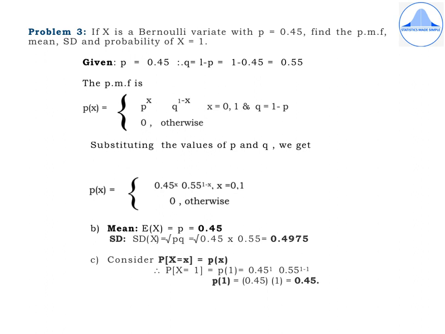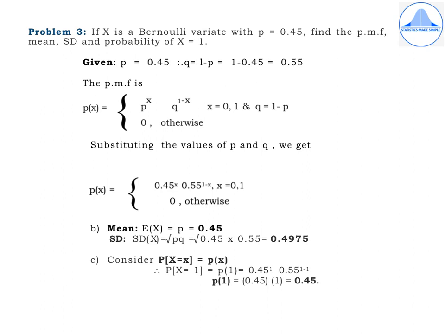Now the next part of the question is to find out the mean and standard deviation. So in subdivision B, we write the mean formula E of x, which is p, so its value is 0.45. The standard deviation formula is SD of x is equal to root of PQ.